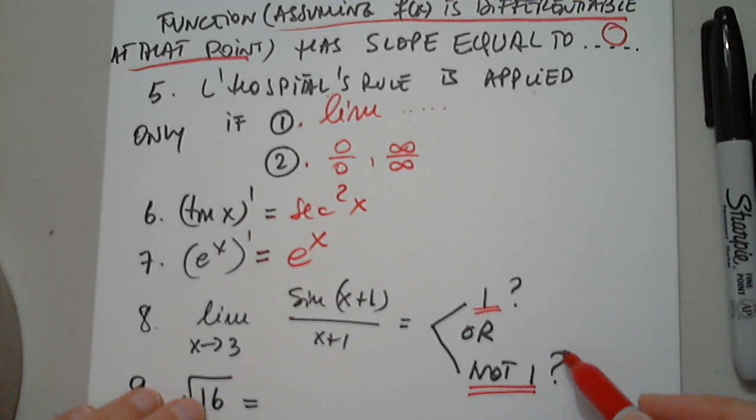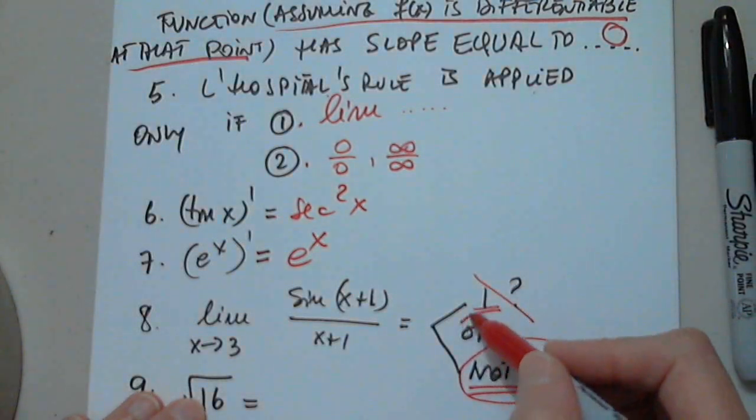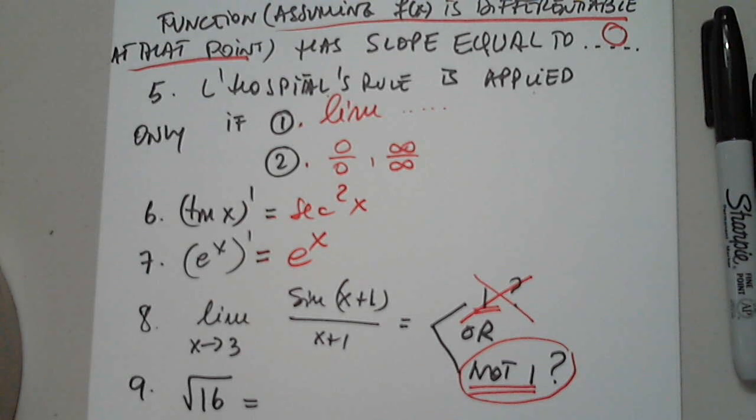Not 1. Very good. Can anyone tell us what correction would you make to make it 1? Make the limit as x approaches 1. Careful.